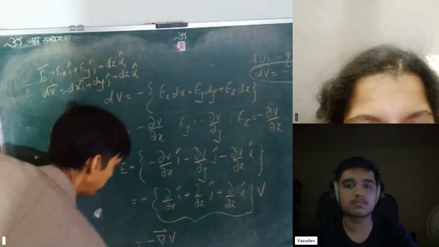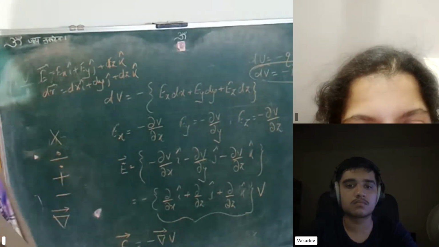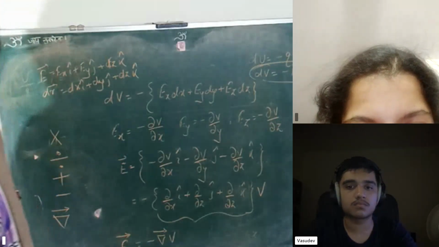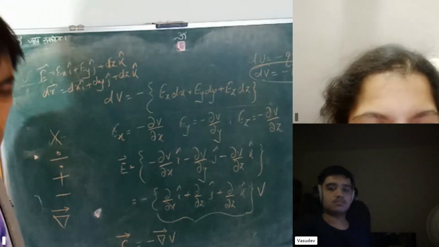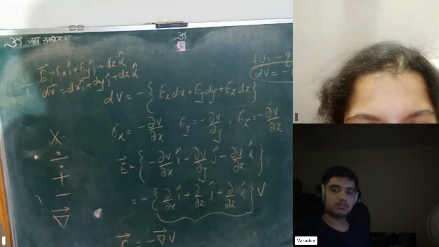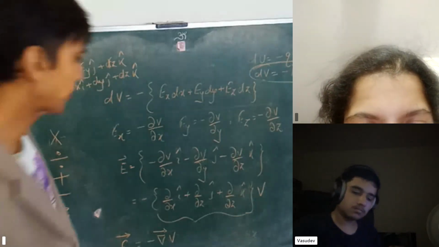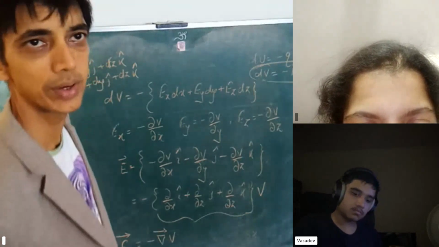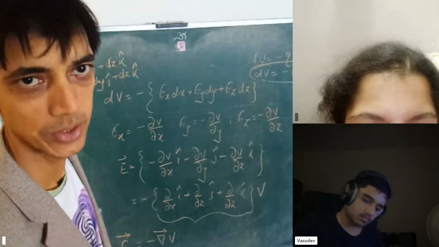E is minus the gradient of V. This is how we write it in a form that appears appealing, but we need to understand what this inverted triangle with a bar on it is.